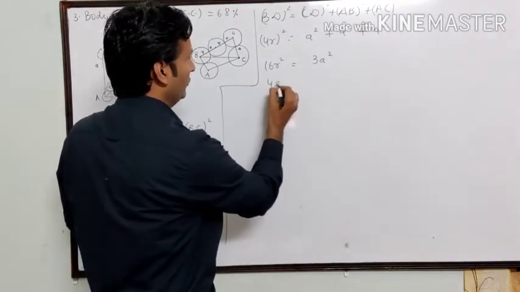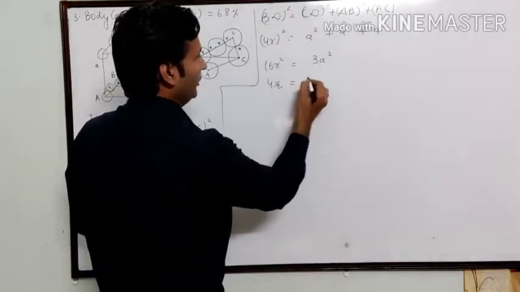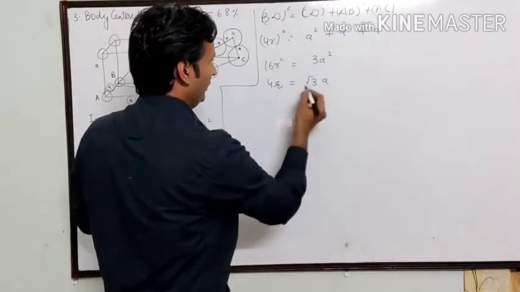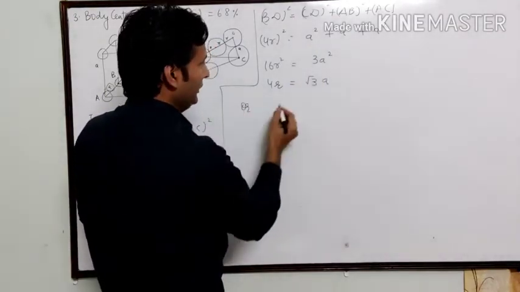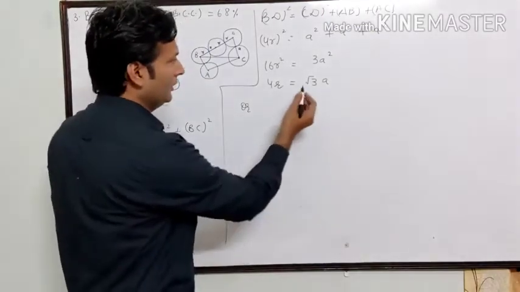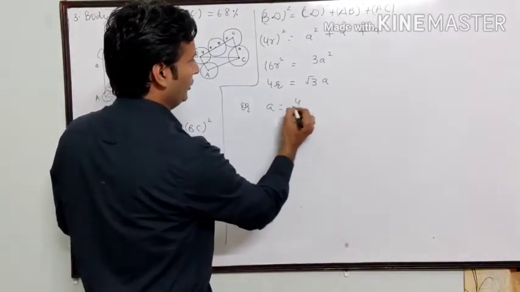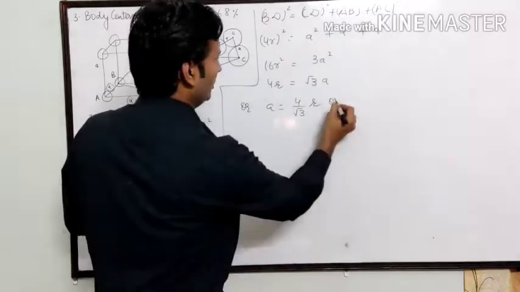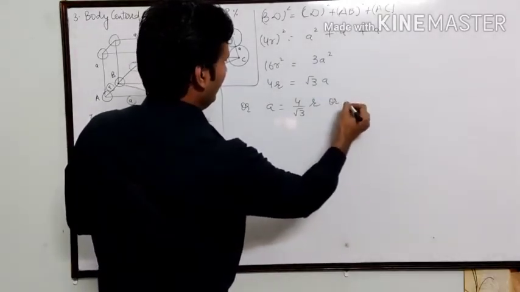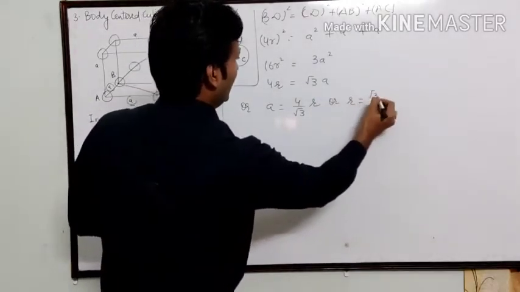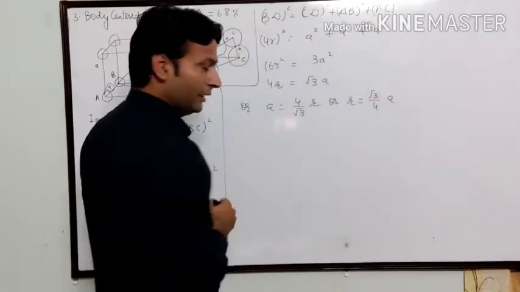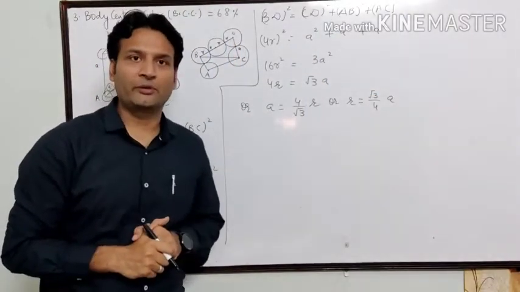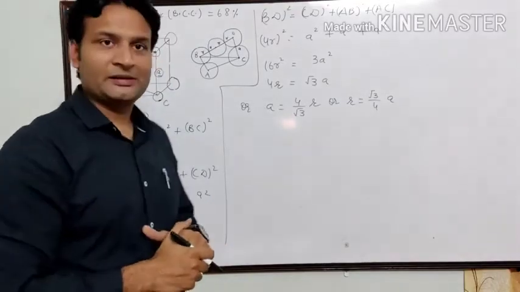Now it will become 4R is equal to root 3 A, or you can say that A is equal to 4 upon root 3 R, or R is equal to root 3 upon 4 A. Now this is the relationship between A and R for BCC lattice.